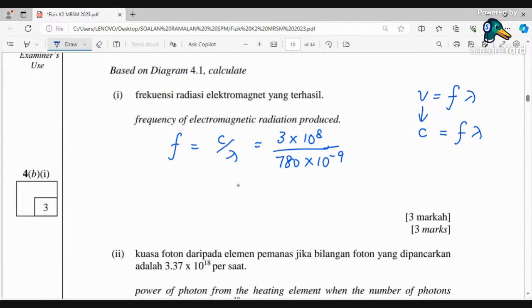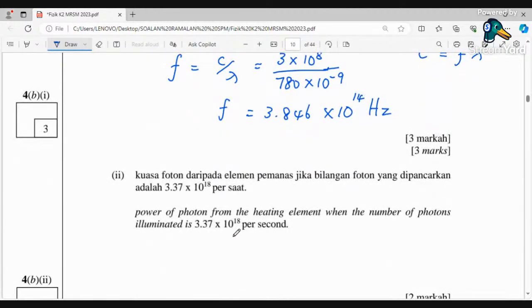Okay, kiralah berapa? 3.846 times 10 power 14. Apa unit? Tulis unit Hertz. Okay. Jangan rounding banyak sangat. 3 significant figures kurang-kurangnya.